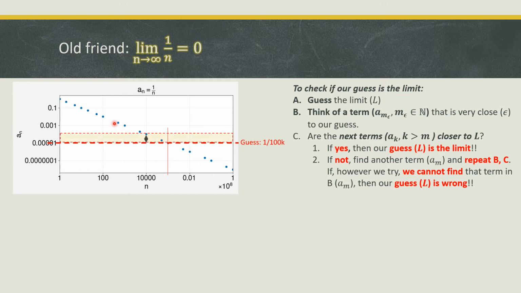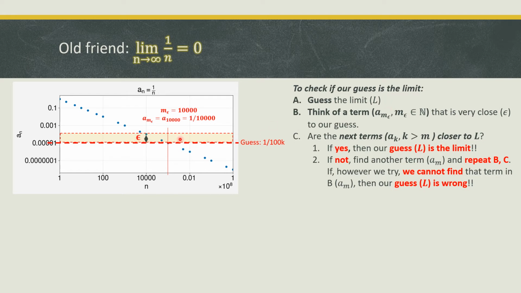In this example, let's use this term here, which is between 0.00001 and 0.001. Let's use this term that is for n equals 10,000. Let's give it a name. Let's call this term a sub m sub epsilon, and let's call this 10,000 our m sub epsilon. And let's call this distance, this length of the arrow, epsilon.